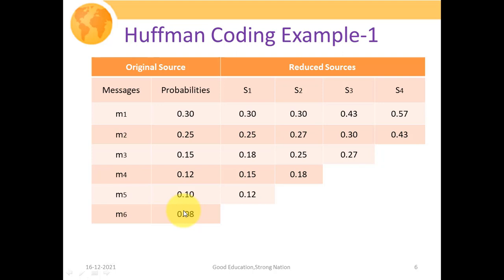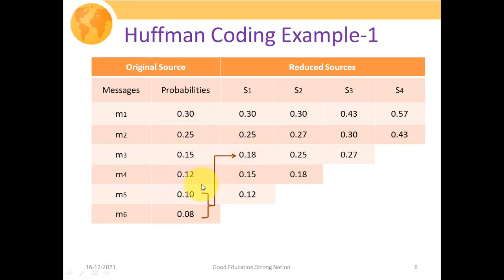Then we have to group the last two symbols, that is m5 and m6, and add their probabilities, 0.10 and 0.08, to make a single symbol whose probability is the summation of these two. The probability we obtain is 0.18.